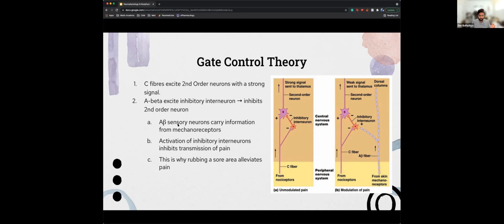These A beta fibers carry information from the mechanoreceptors, and the activation of this will inhibit the transmission of pain. So that's why, if you're feeling a pain in your arm, you can rub it, and that mechanoreception will activate an inhibitory interneuron, which will then inhibit the transmission of pain. Okay, cool.